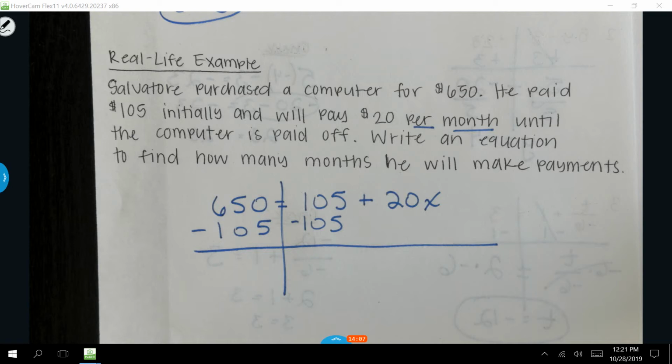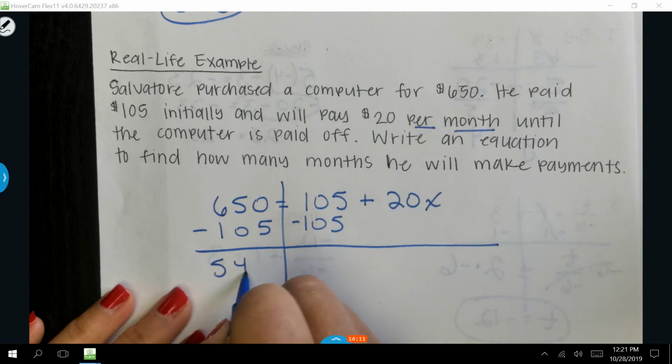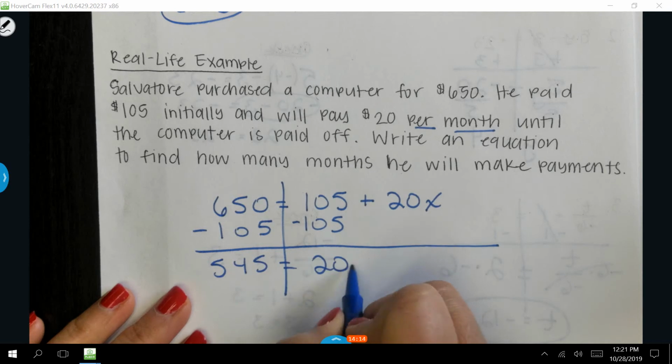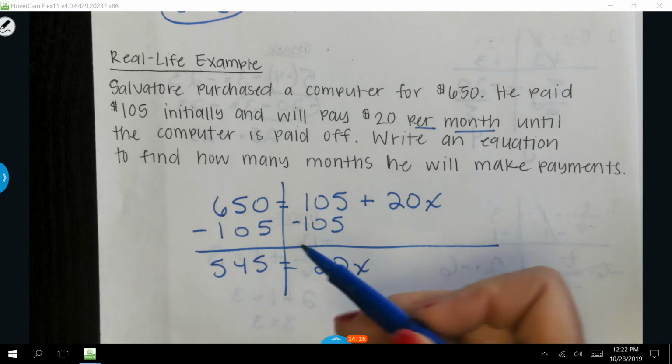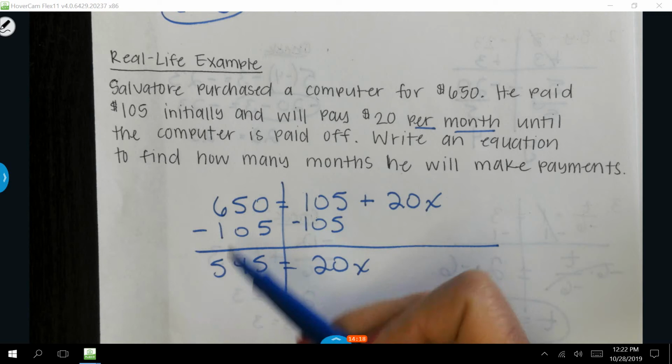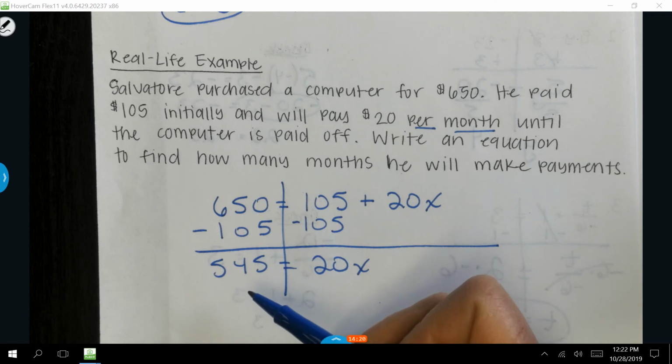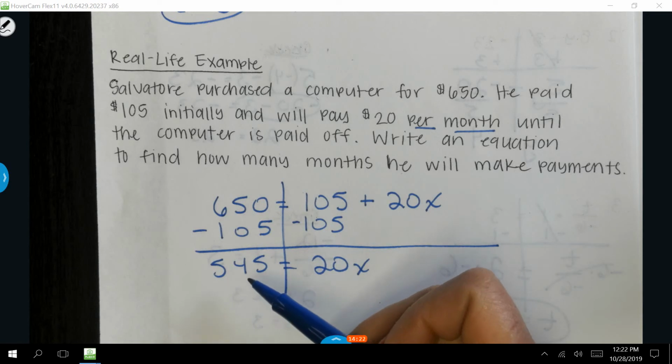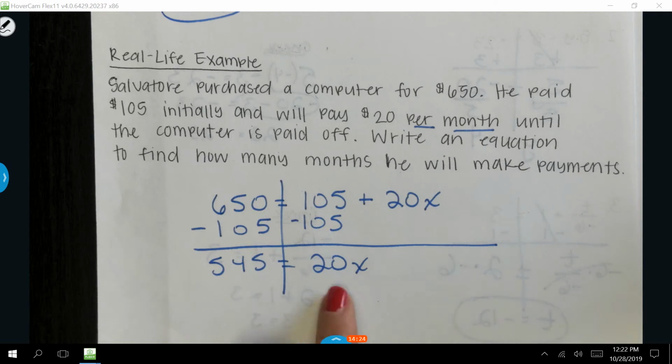Equals 20x. So once he paid the $105, this is his remaining balance. He still owes $545 on this computer, and he's going to pay $20 per month.